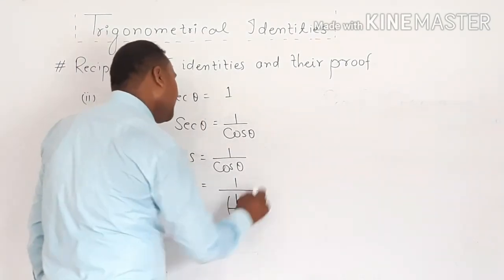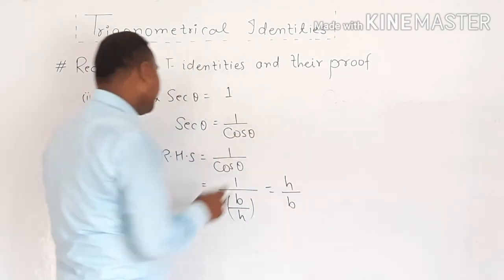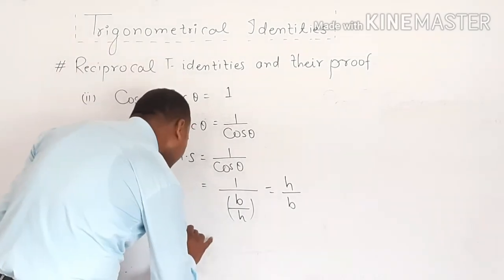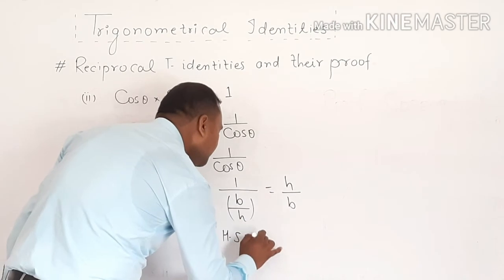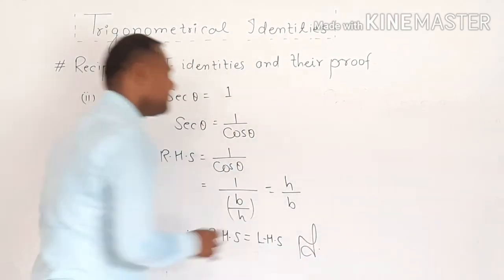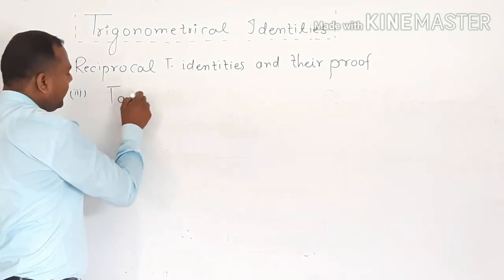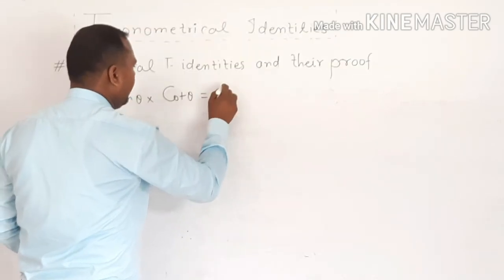That means it turns into h upon b, and this is the value of sec theta. Therefore RHS will be equal to LHS. Hence proved.